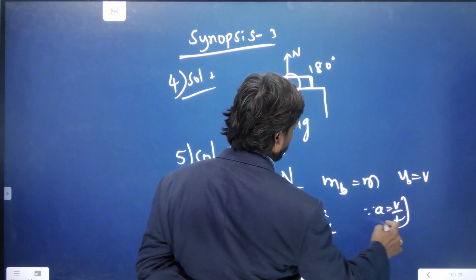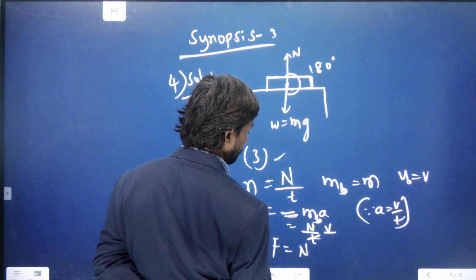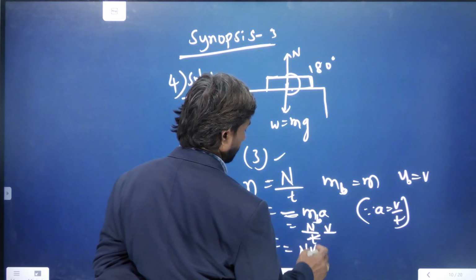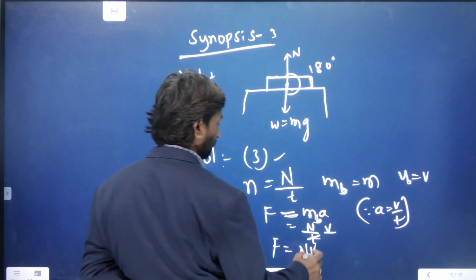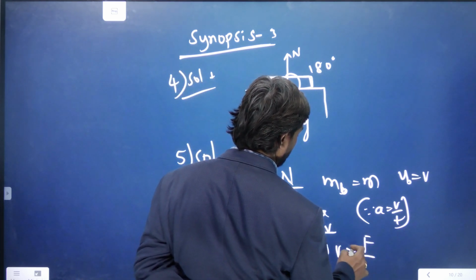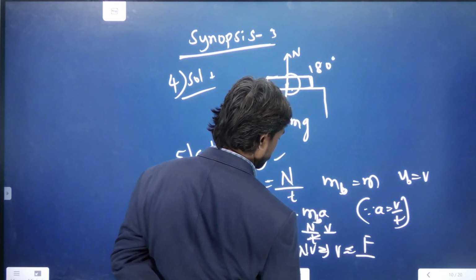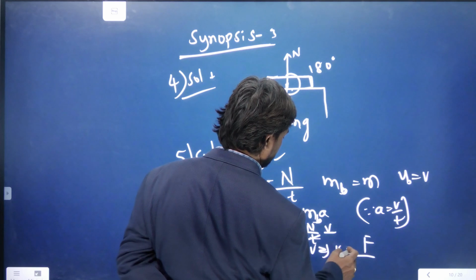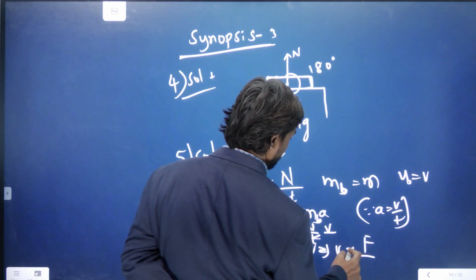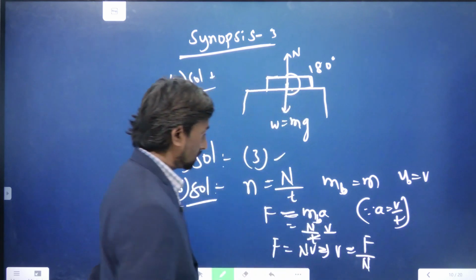Then F is equal to n into v. So v is equal to F by n.